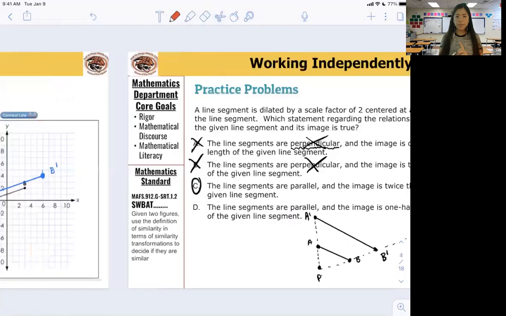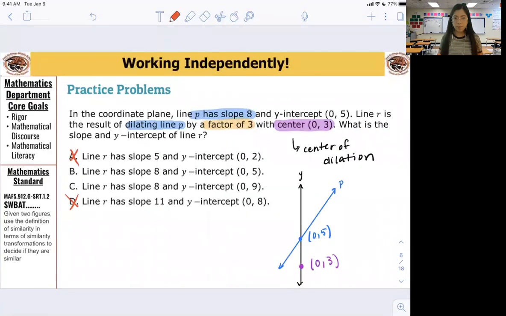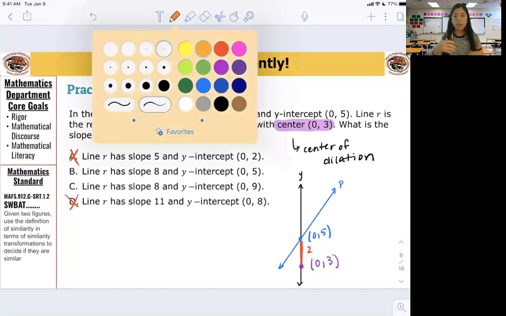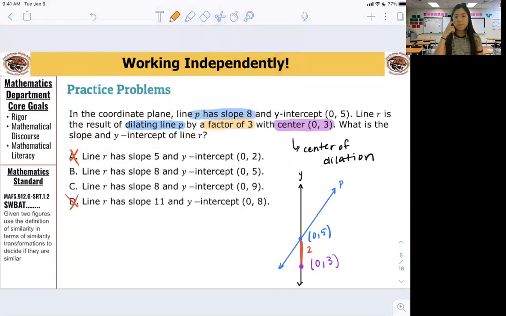So based on that, here's my problem here. How long is this distance from the center to the y-intercept? 2 units. So my new line has to be how many units from the center?